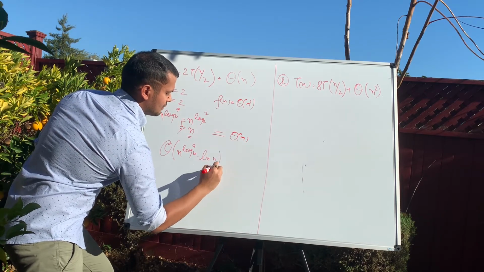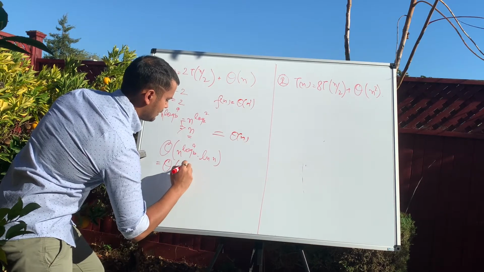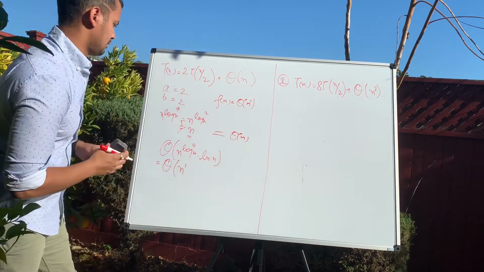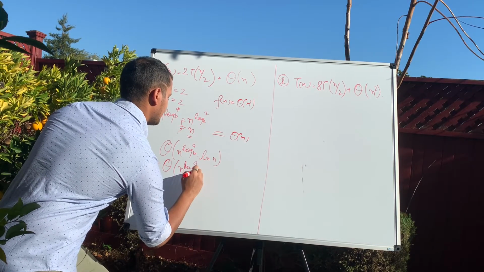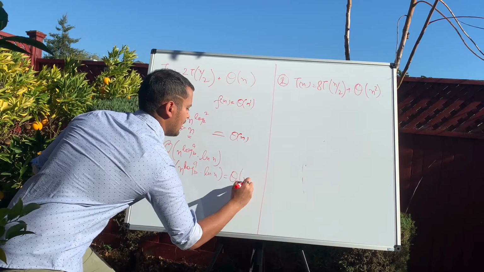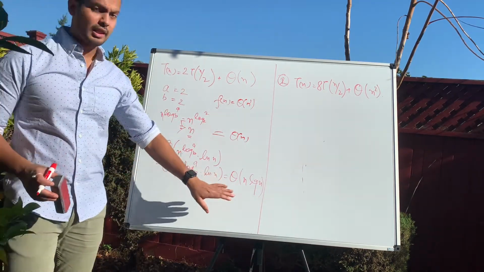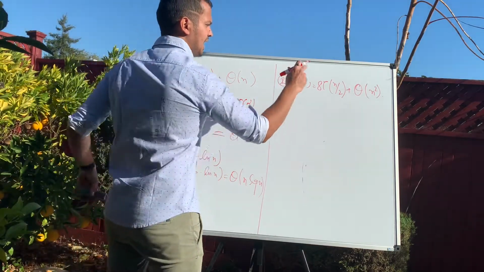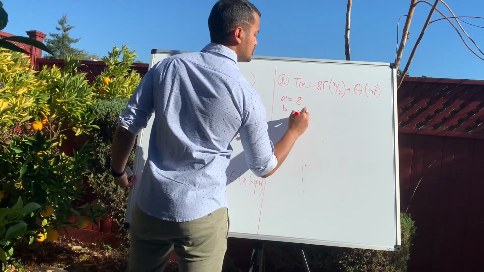That is nothing else but theta of n^1 times log n, which is theta n log n. So this is theta of n log n. And coming here, a is 8, b is 2.